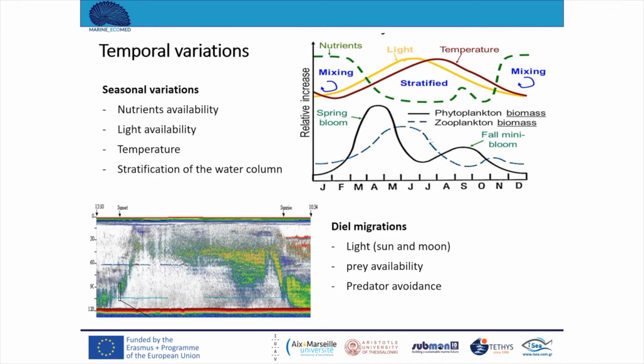Zooplankton will go up at night when visual predators can't see them, and they will prey on the phytoplankton that have been growing during the day. Those cycles are found everywhere on Earth, but obviously some zooplankton do the reverse cycle.